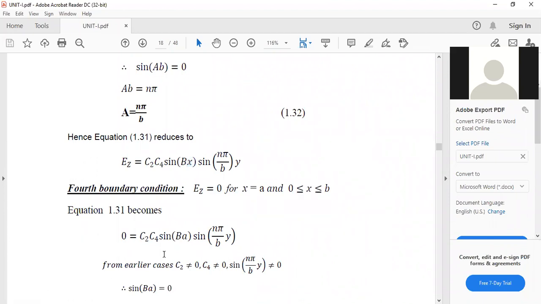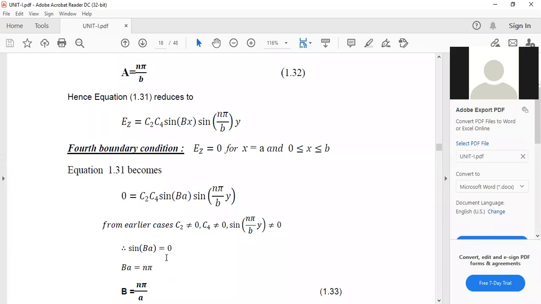Now see here, due to earlier cases, C2 is non-zero, C4 is non-zero, and sin of n pi by b into y is also not equal to 0. But the product is 0. That means sin of Ba should be equal to 0.